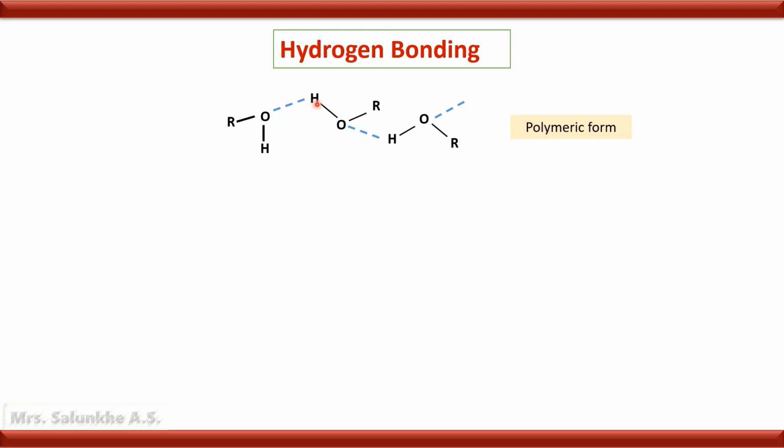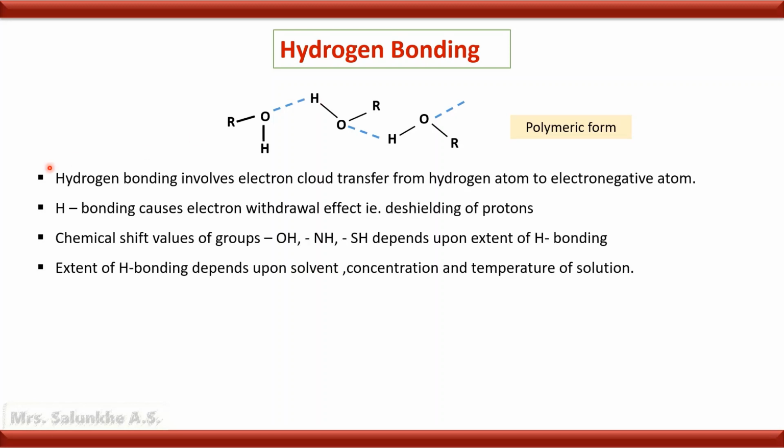Due to hydrogen bonding, as the electron density is pulled towards the oxygen atom, de-shielding of the proton takes place. And as de-shielding of the proton takes place, the chemical shift value increases. In hydrogen bonding, there is an electron cloud transfer from the hydrogen atom to the electronegative atom, that is oxygen.